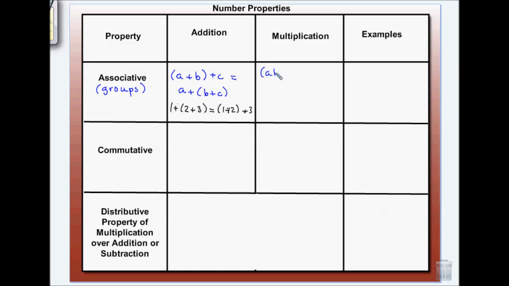If I multiply A and B together first and then multiply it by C, it's the same thing as if I multiply B and C together first and multiply it by A. Just to prove that, I'll use 2 again.